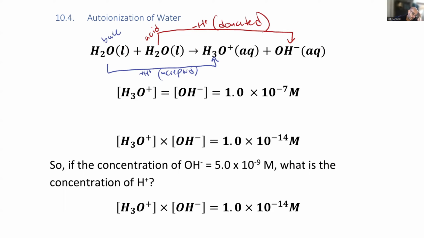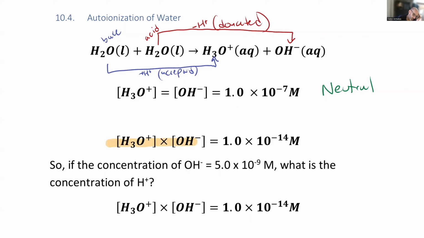First of all, in a neutral solution, H3O plus and OH minus are equal. Their concentration from the autoionization is 1 times 10 to the negative 7. That doesn't really matter.